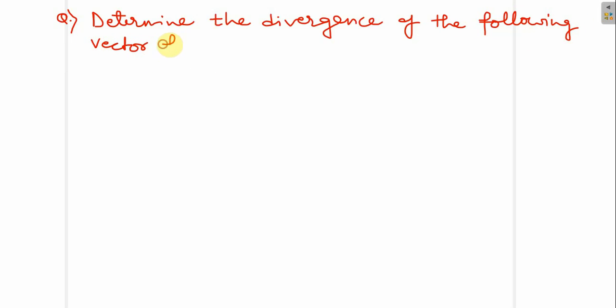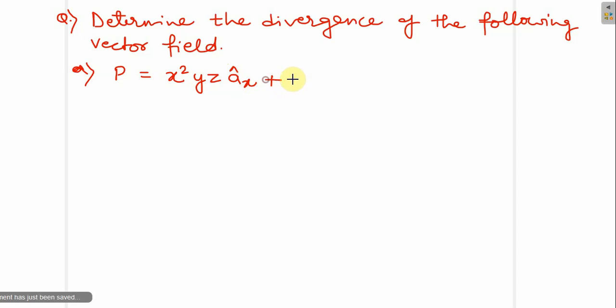A very simple question. The first part is P equals x square yz ax plus xz az. There is no component along y, and this P is the vector field, and you have to determine the divergence.